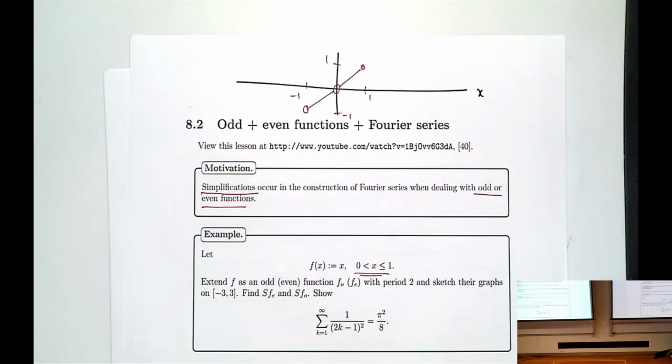When we extend it as a periodic function, essentially what are we doing with the graph? I did it with the first example we talked about today. What are we doing? Yeah. We copy paste it along the x-axis.